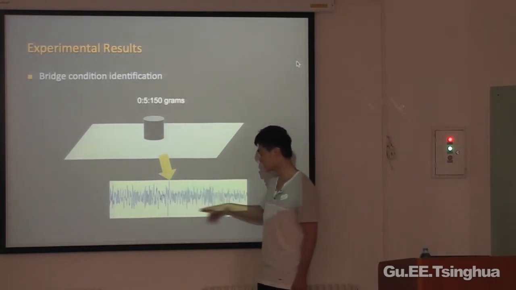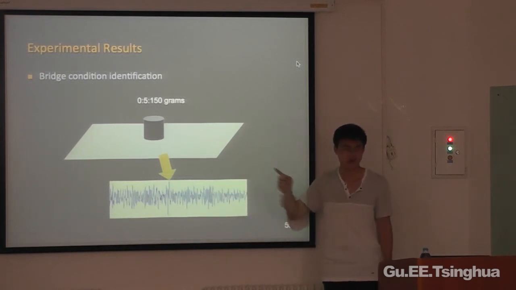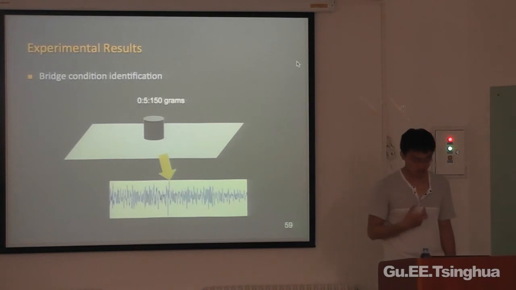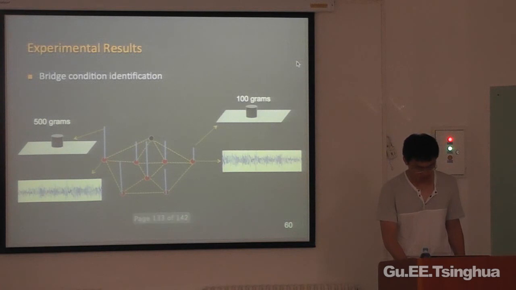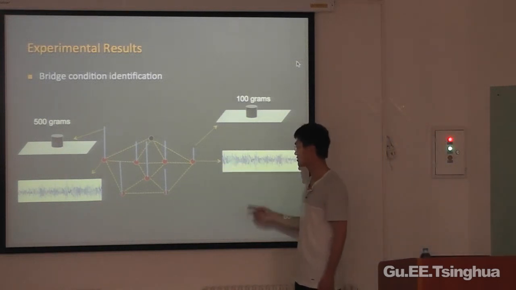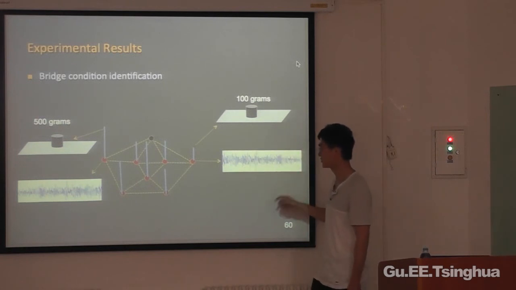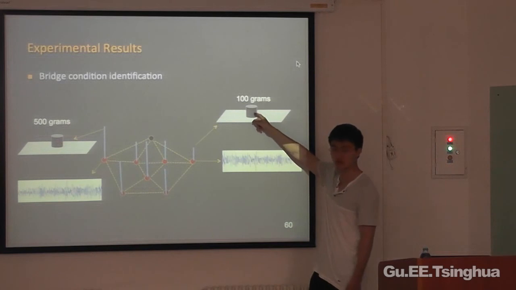We sense the acceleration signal, and we want to predict what kind of bridge structure we measured from. Then we build a graph. Each node represents an acceleration signal, and the value associated with it is how much weight we put on this structure.